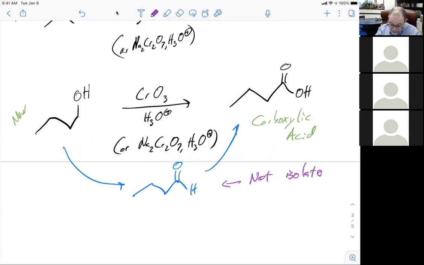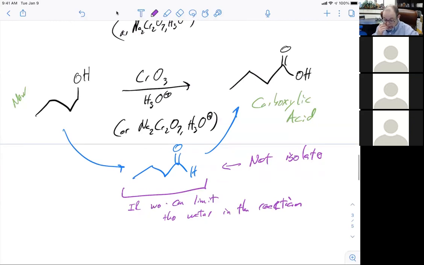Now, how to stop here? We could stop here if we could limit the amount of water in the reaction, we could potentially stop here.